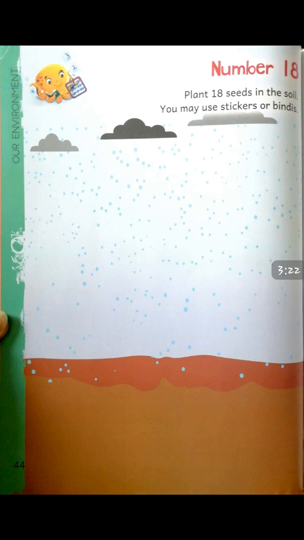Look, this is raining. It is raining, and remember, which time is correct for planting the seed?